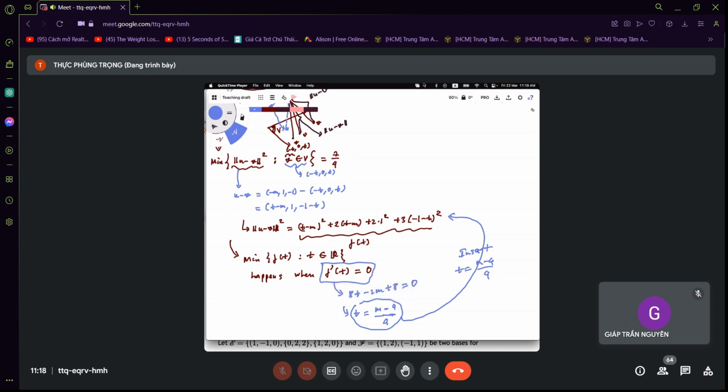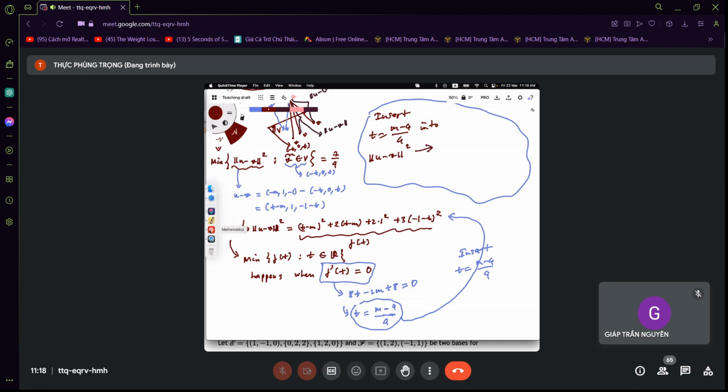All right, so this is what you do. Insert t equal m minus 4 over 4 into the norm of u minus v squared, so that you get, let me do that right here.